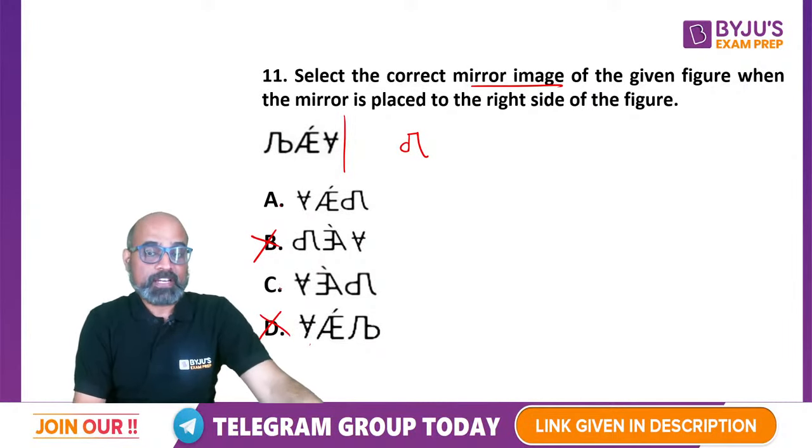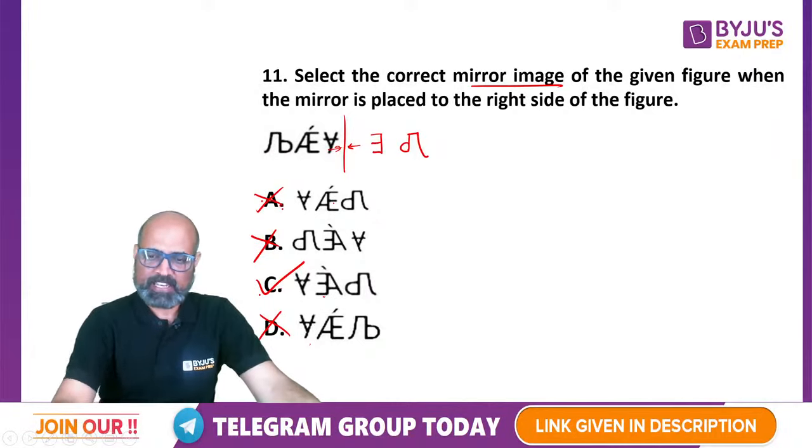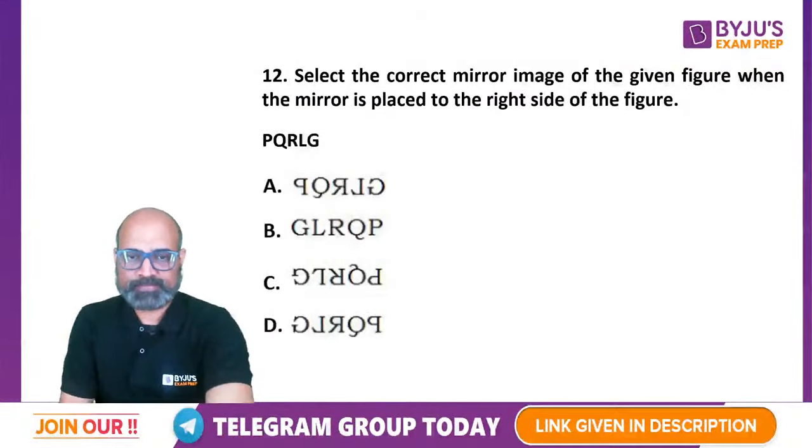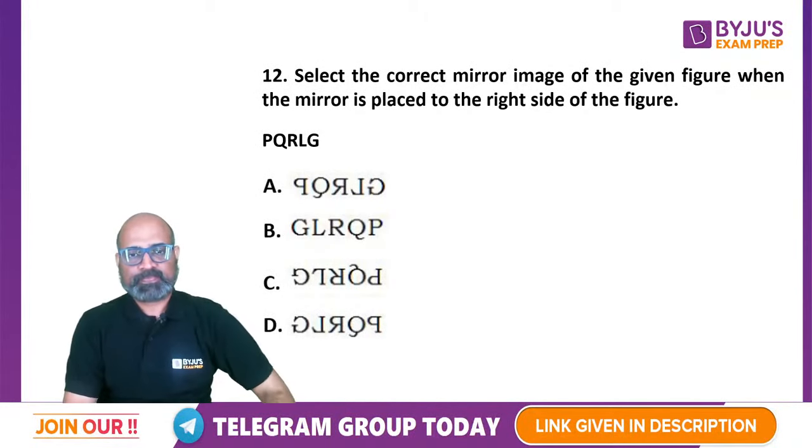Now between alpha and Charlie, as in options A and C, since we have the comb facing towards the mirror, the mirror image comb should face towards it. So between alpha and Charlie, Charlie makes sense, alpha doesn't. Right? So the answer is C, like everyone has answered. Very good. Next one.